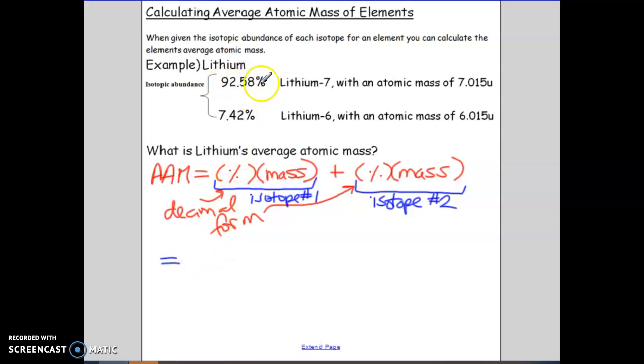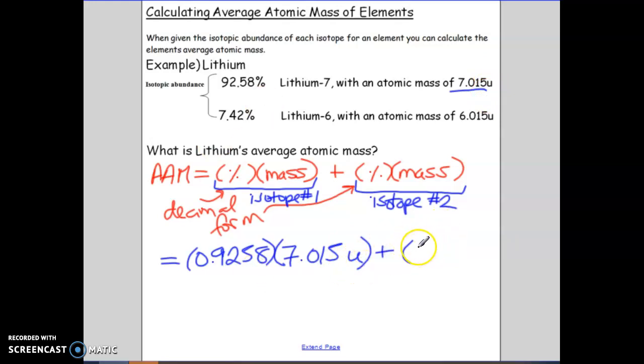So for the first one, if we take 92.58 divided by 100, we get 0.9258. And we multiply that by the mass for that isotope, which is 7.015. The short for atomic mass units is a lower case u. Plus, we're going to take our second percentage divided by 100, 0.0742, and multiply that by the mass of our second isotope.